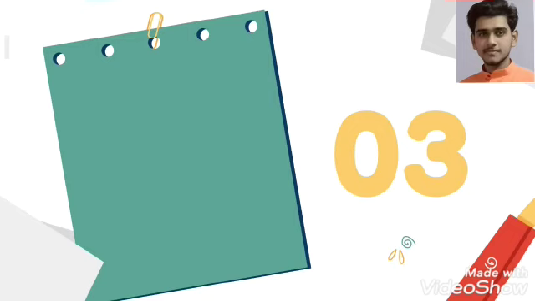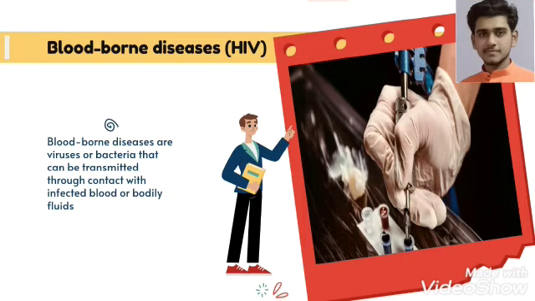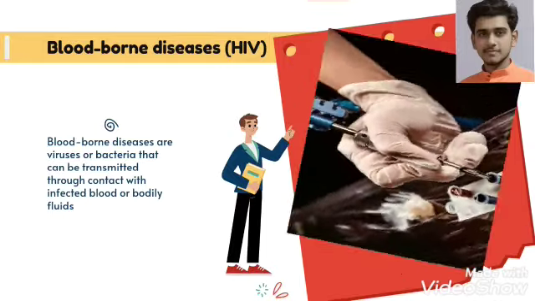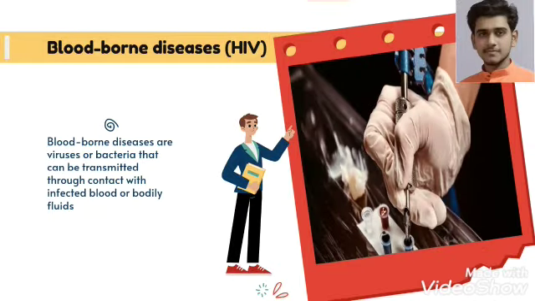Next is biological hazards. For biological hazards, we can take blood-borne diseases like HIV. Blood-borne diseases are viruses or bacteria that can be transmitted through contact with infected blood or bodily fluids. Those most at risk from blood-borne diseases are those working in the health sector, for example, doctors, nurses, and dentists.